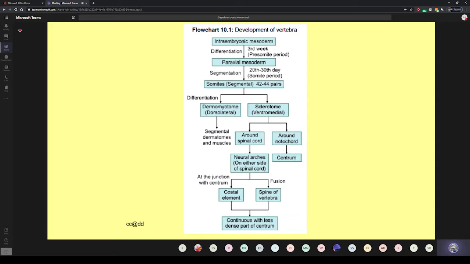Okay, so let's keep talking, and when it comes back, it comes back. The second division was the intermediate mesoderm, wherein I just told you that the genitourinary system develops from the intermediate part of the mesoderm.